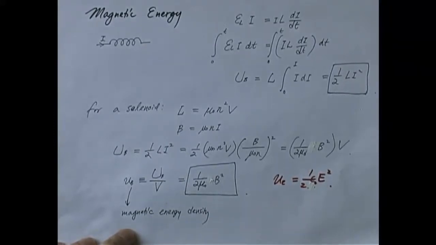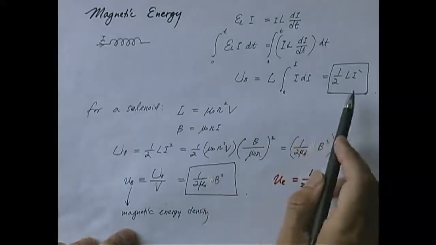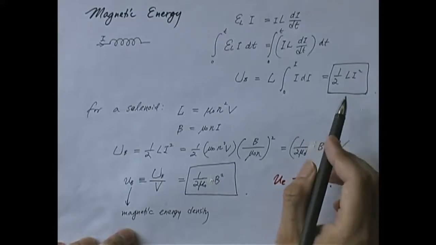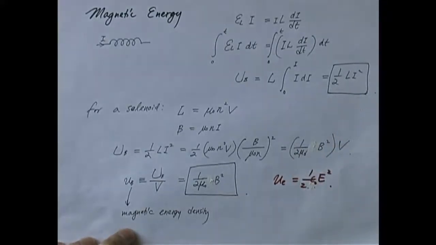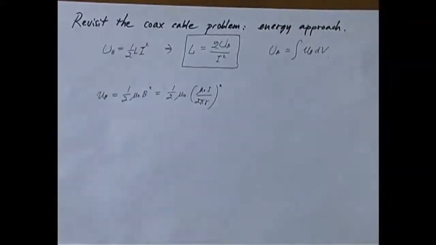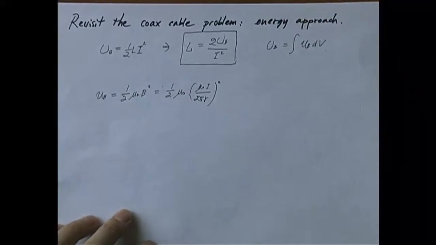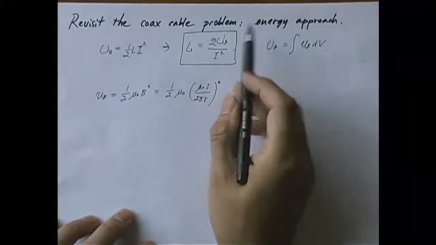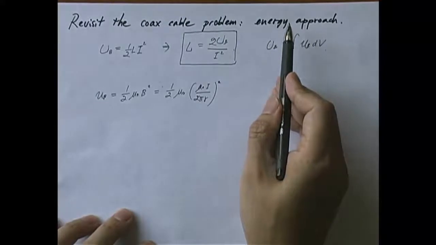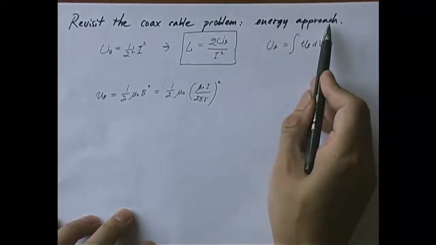Now, as a byproduct, this result, the magnetic energy, also gives us a new way to calculate the value of the self-inductance. As an example, we're going to revisit the coax cable problem. How does one calculate the self-inductance of a coax cable using an energy approach?